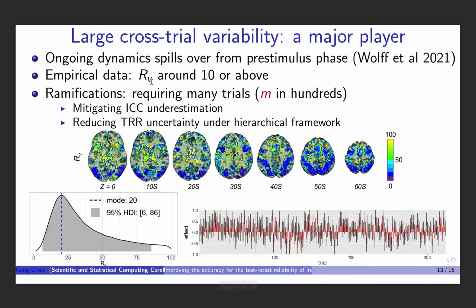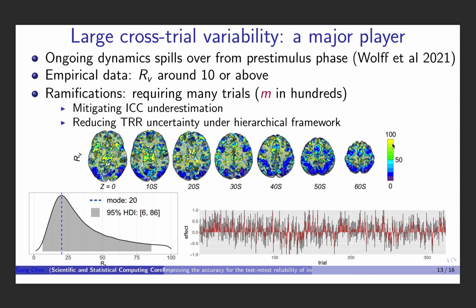So here I'm showing you some results for this particular data set with the flanker task. Those 7 slices of the brain show the amount of cross-trial variability. Again, the cross-trial variability ratio is the factor of the cross-trial variability relative to the subject variability. The cold color shows the regions in the brain where the ratio is less than 50.